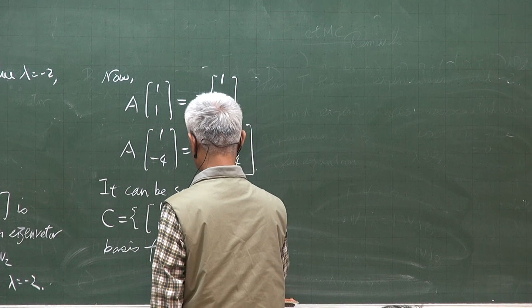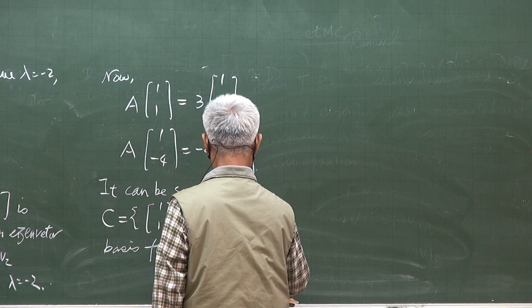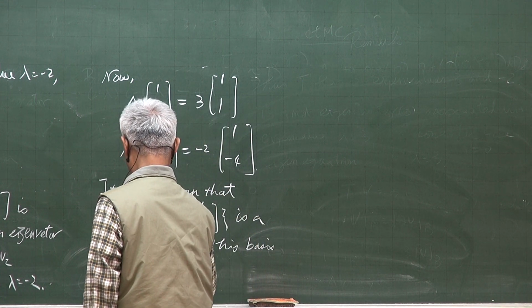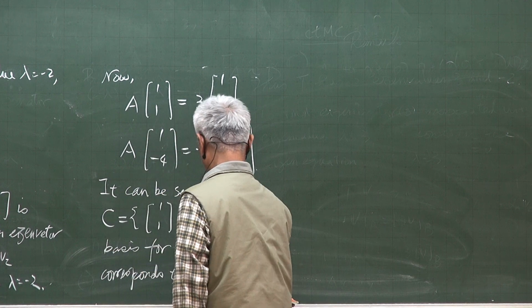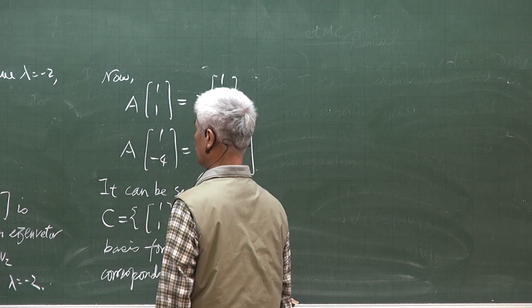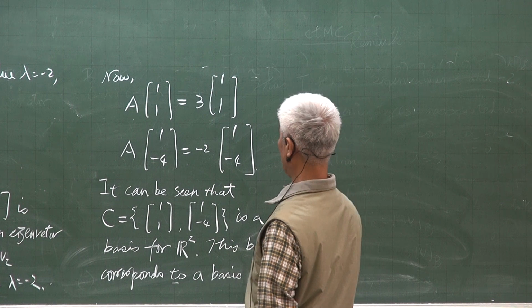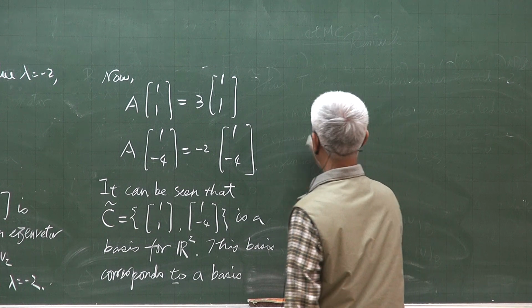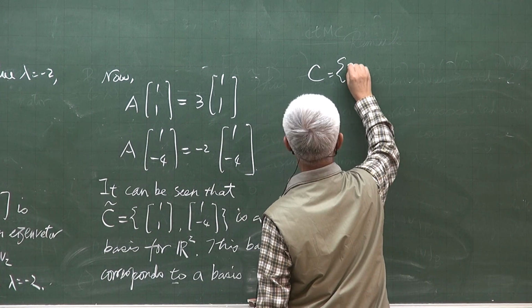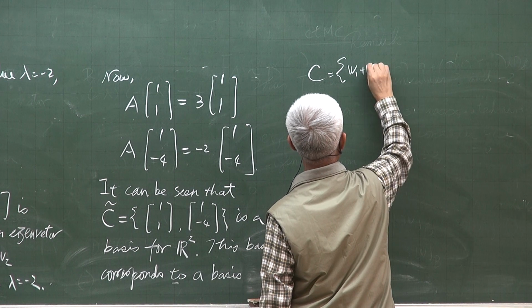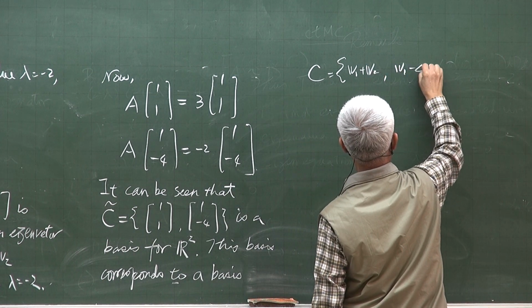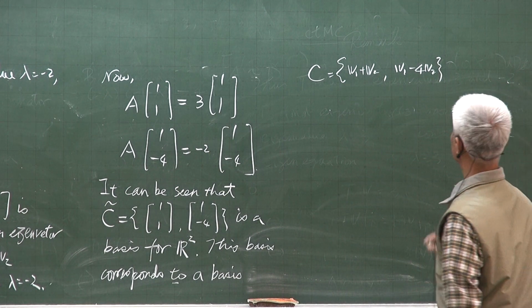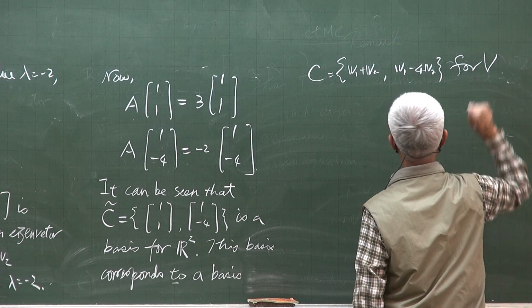Right, and this basis corresponds to a basis, okay, we call this C tilde, to a basis C, which is V1 plus V2, V1 minus 4 V2, for V. Okay?